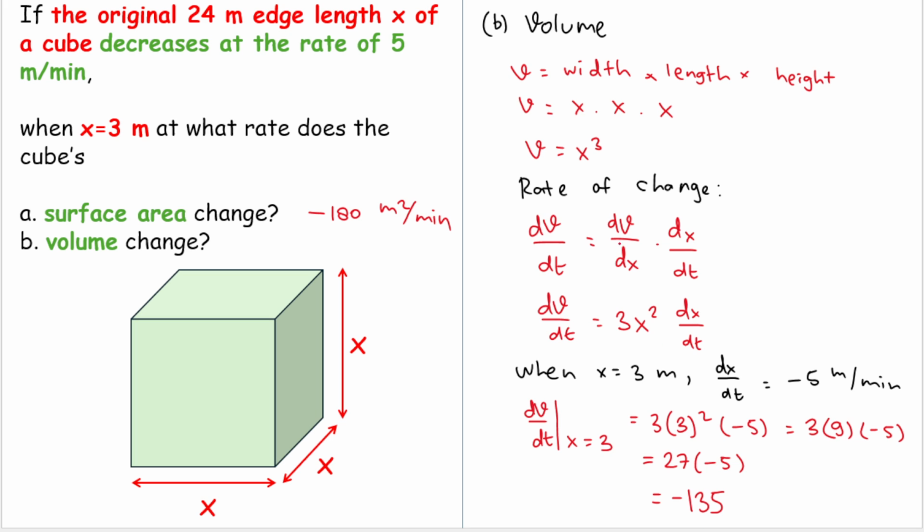How about the unit? Because x is in meter, we will have meter cubed as the volume, and the time is in minutes, so I'll have meter cubed per minute. And the minus sign means that the cube is shrinking, because the volume is decreasing. So we have minus 135 meter cubed per minute.